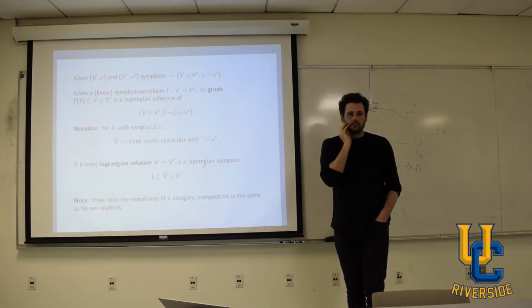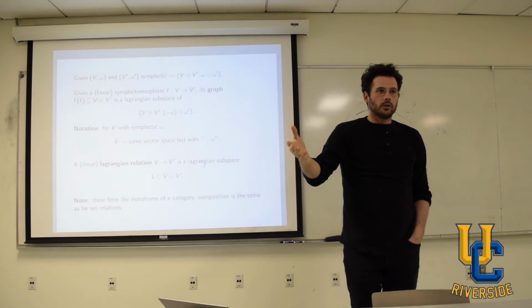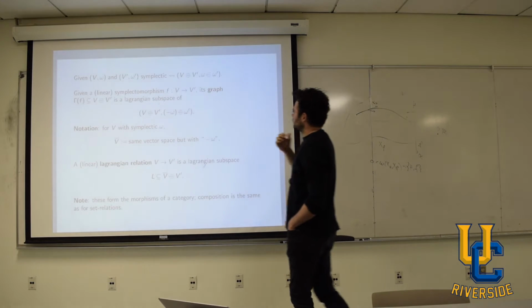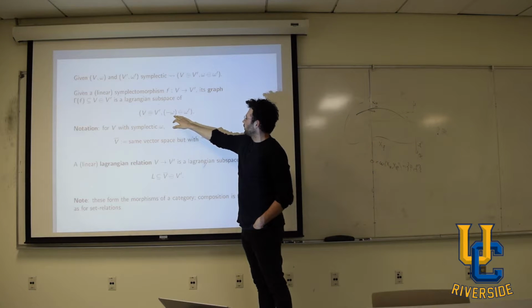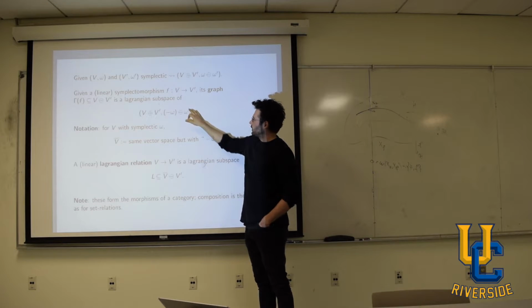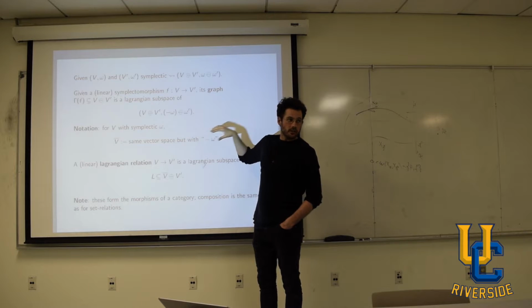So we know that a symplectomorphism pulls back the form on the target to the form on the source. So if we twist, we throw in a minus sign on one of the summands. This is a new symplectic structure on V plus V prime. And with respect to this new symplectic structure, the graph of a symplectomorphism will be a Lagrangian subspace.